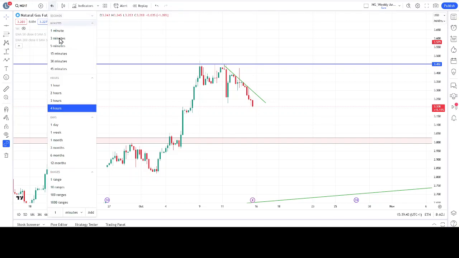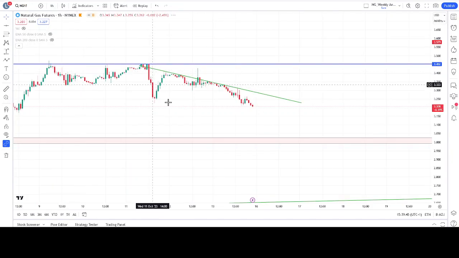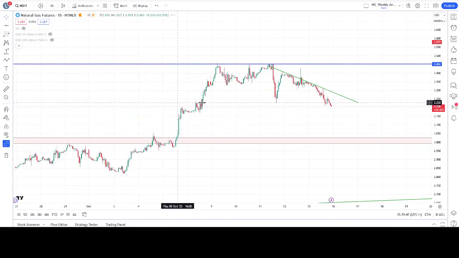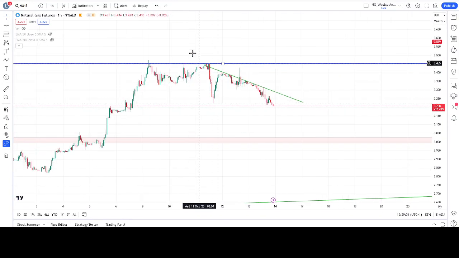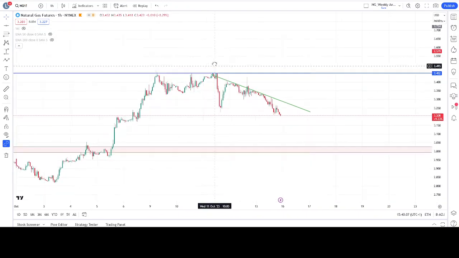Now if I go back to hourly, which is my favorite time frame, the hourly is clearly showing the resistance at the 3.45 zone. You can see it got rejected once, got rejected twice, thrice, and one thing you should always look at is the candle strength here.